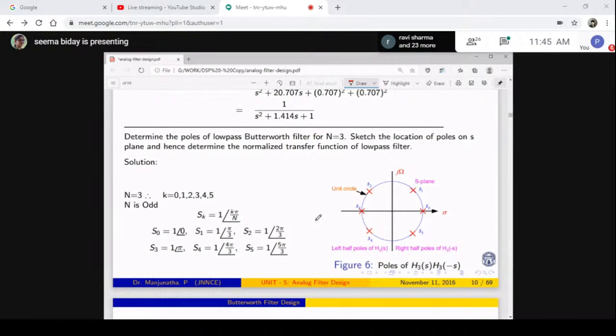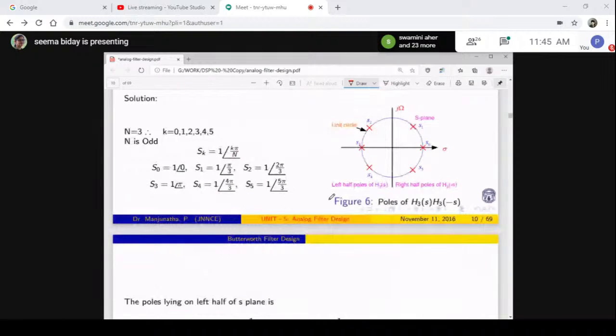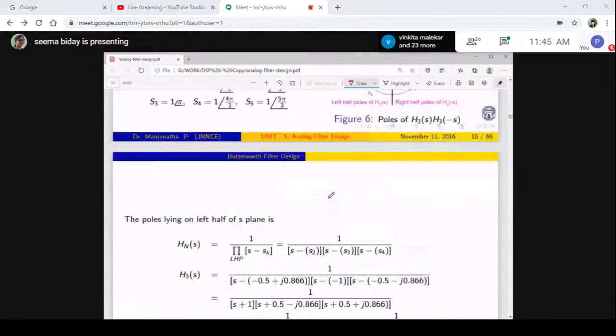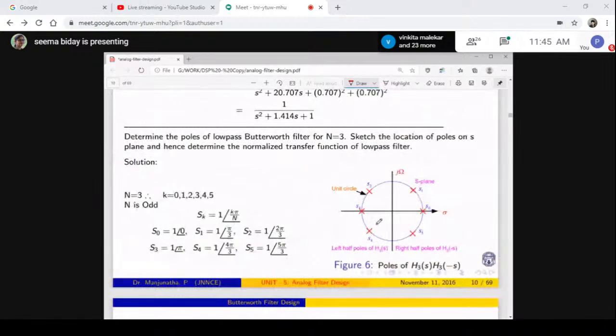Because unless we know the transfer function of the analog filter, you cannot determine the transfer function of the digital filter. Plot the poles. We'll complete this experiment and then we'll do this example and we'll stop.